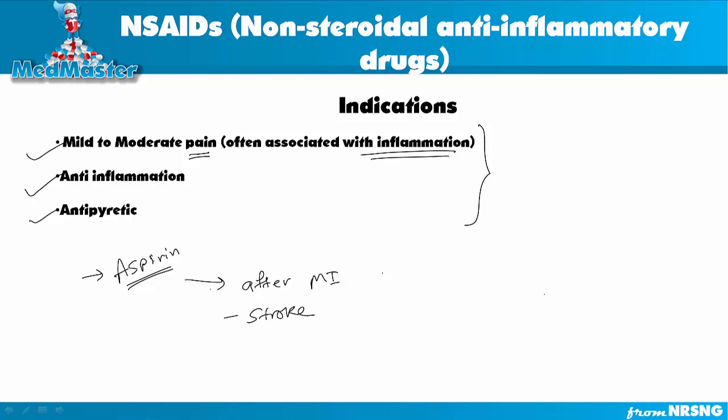However, if patients are on aspirin, they still can have an MI or stroke, but this actually decreases the significant chance of it happening. So it's not guaranteed that if the patient is on aspirin after myocardial infarction or stroke, they're not going to have another one. But it decreases the chances of those happening in the future.